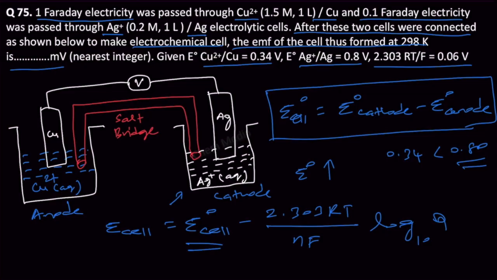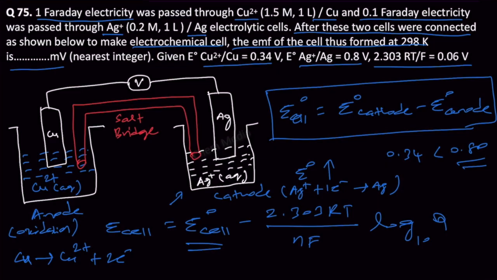Ag+ gains an electron and becomes Ag, and here oxidation is happening at the anode, so Cu becomes Cu2+ giving 2 electrons. So that means the electron flow is this way, isn't it? So that part is clear.